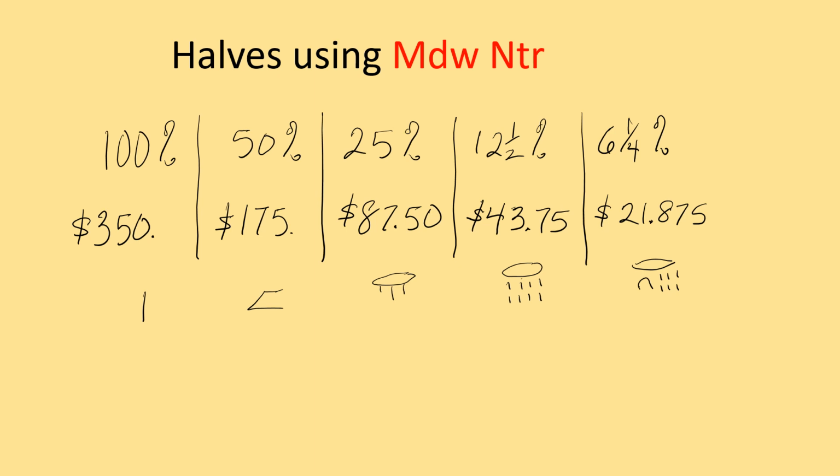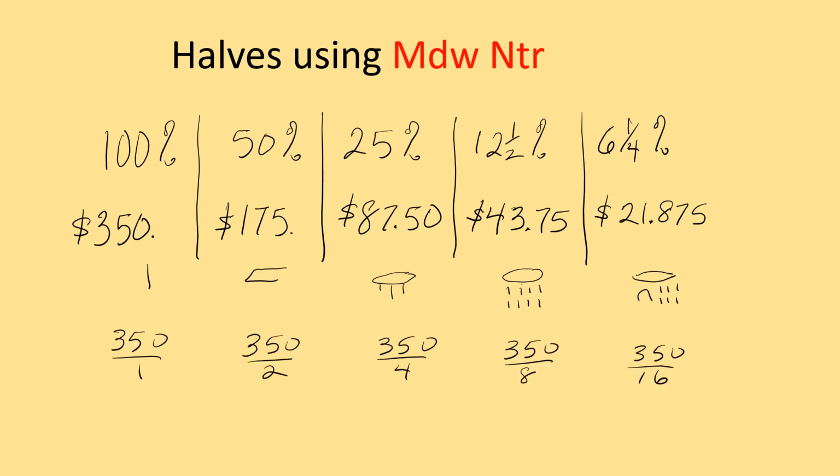So we can actually look at this using the Middle Netcher symbols for 1, 1/2, 1/4, 1/8, and 1/16. And we could actually apply the same process because we have 350 divided by 1, 350 divided in half or by 2, 350 divided by 4, 350 divided by 8, and 350 divided by 16 to get each of those corresponding percentages.